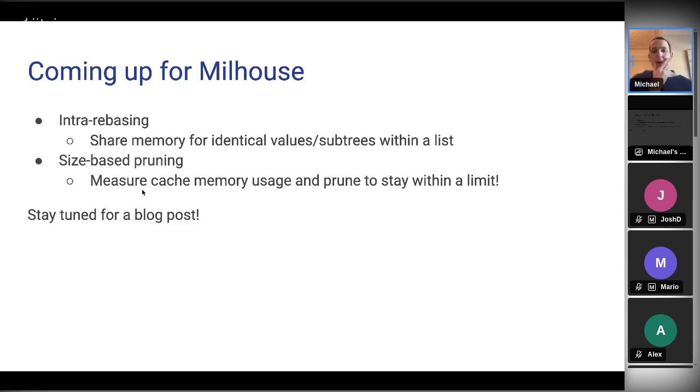The main one that helped for Holesky is intra rebasing, which is the idea of reusing identical entries of a list to share memory. I wish I had a diagram here, but you can imagine if you have a list that's all zeros, you don't actually need to have multiple copies of the zero leaf nodes.